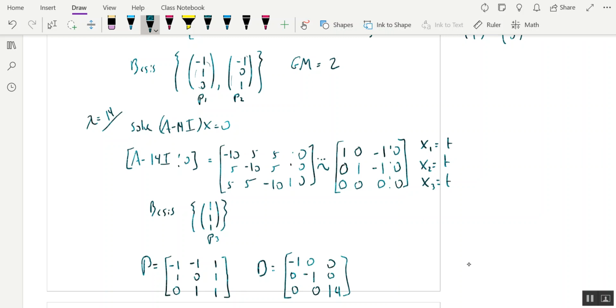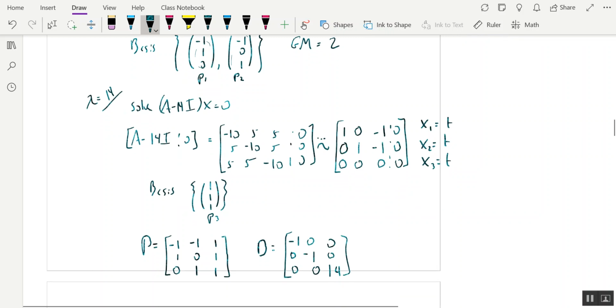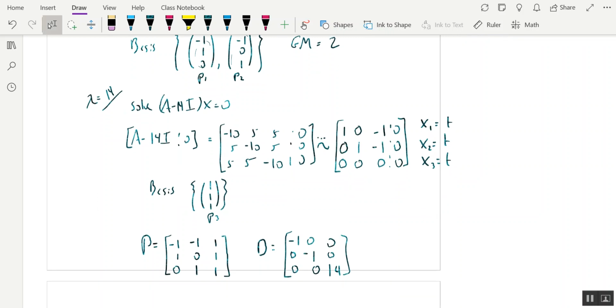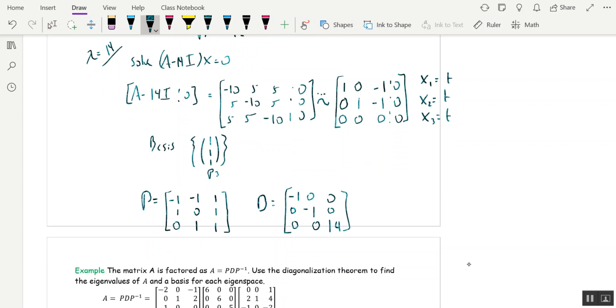Now, if you labeled your P1 and P2 differently, if you want to keep this same D, then another P that would be correct would be just switching the P1 and the P2. -1, 1, 0, 1, 1, 1. That's fine also. That would match that D. So here's two different P's that match the same D.